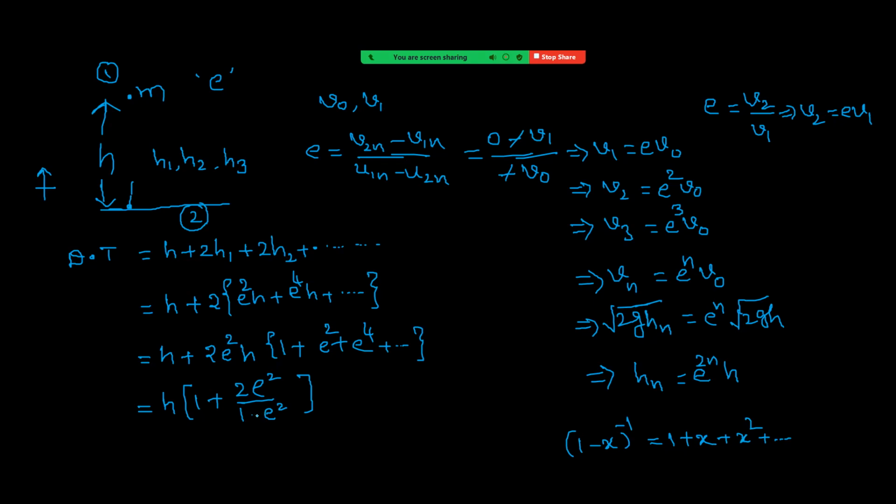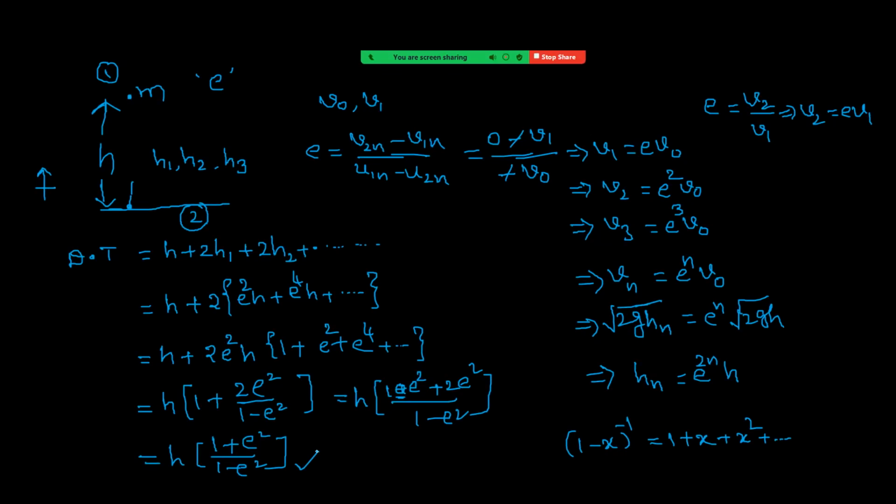Now see what we are going to get. h into 1 plus e square, 1 plus e square minus 2e square by 1 minus e square. Wait, this is a plus and this is minus. So this becomes now h into 1 plus e square by 1 minus e square. This is the distance traveled before coming to rest, right?